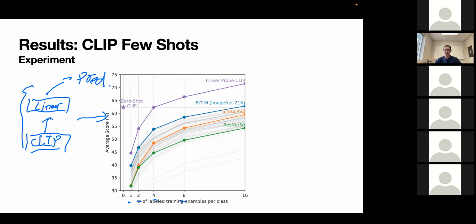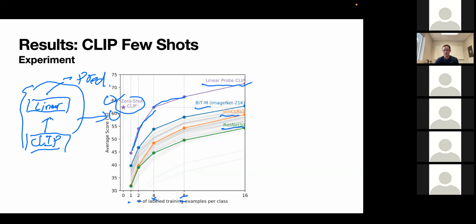And from this figure, we can say that the linear probe CLIP, if just this model, can outperform many old models like BiT-M and SimCLR classifier and ResNet on the few shot cases, because at the start point, the model achieved very convincing performance on just 0 shot, and you can see the performance will increase with the increase of the data, like from 4 to 8, the performance will go from 80 to 85.